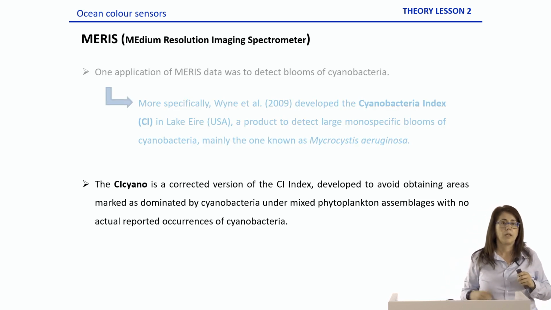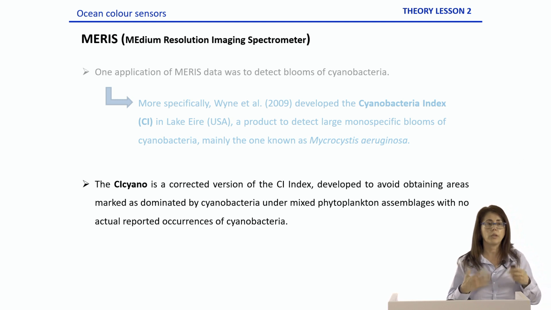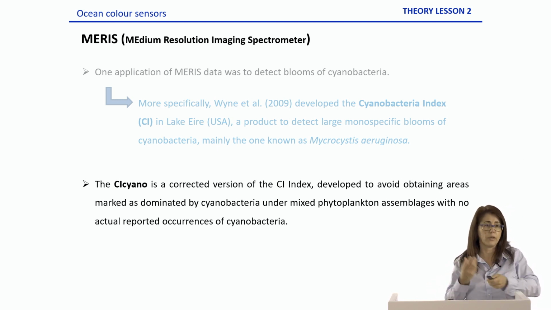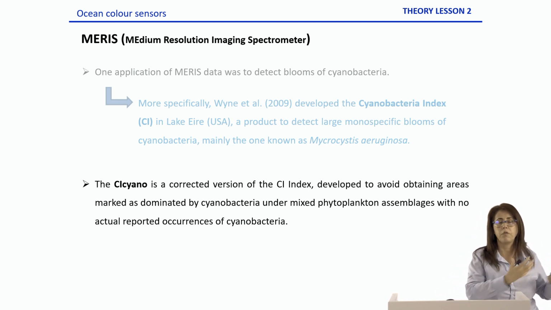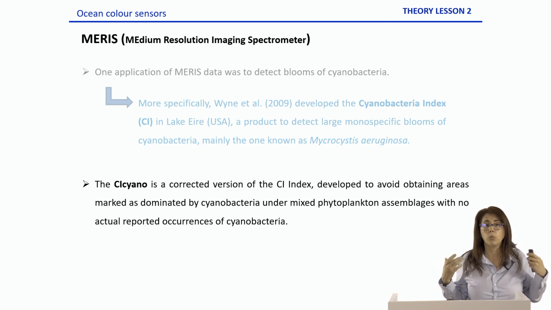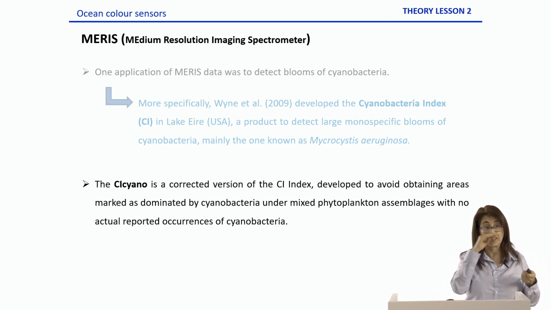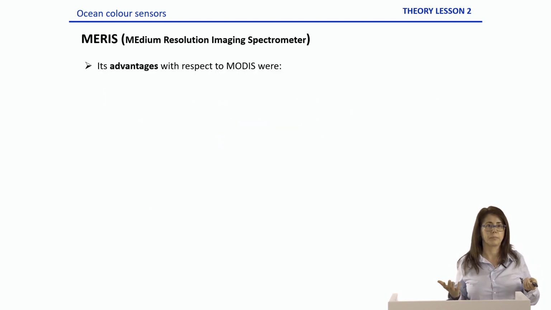Okay. The C-cyano index is a corrected version of the cyanobacteria index, and it was developed to avoid areas marked as dominated by cyanobacteria, when in reality we had a mixture of phytoplankton species and maybe even without cyanobacteria. So it was just a way of correcting the equation to avoid this problem.